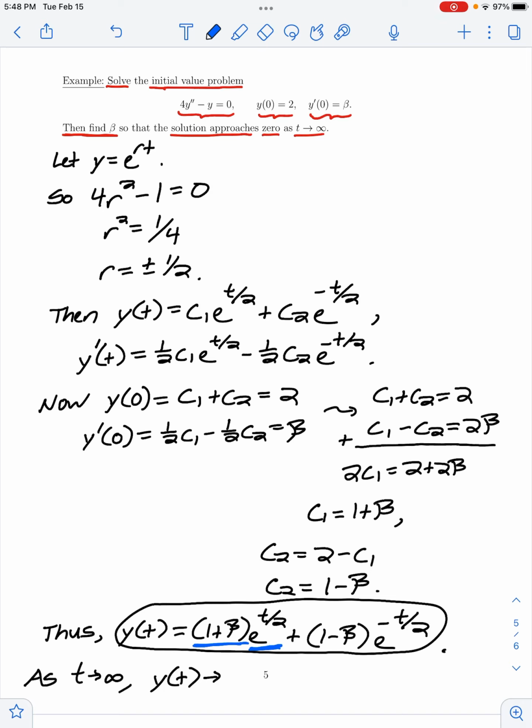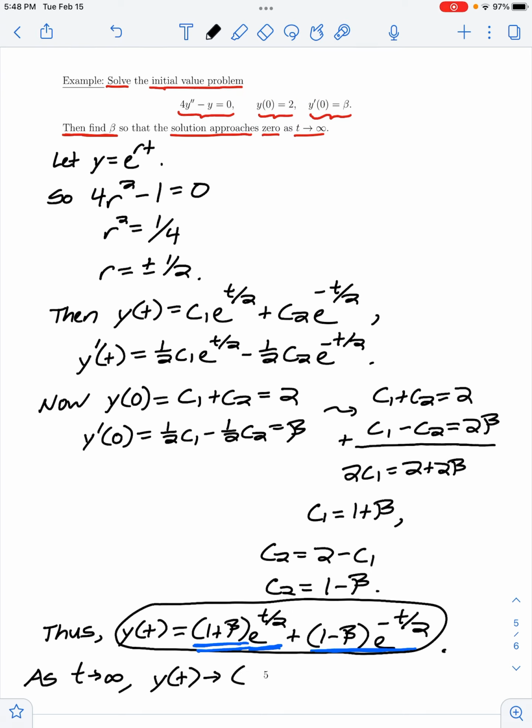So that exponential term is going to approach infinity unless we get rid of it altogether by making this 1 plus beta value equal to 0. And then our 1 minus beta times e to the negative t over 2 will approach 0 because we have exponential decay for that term.